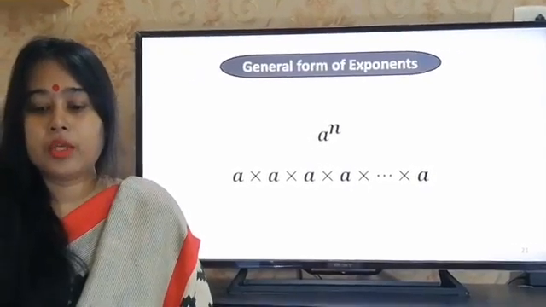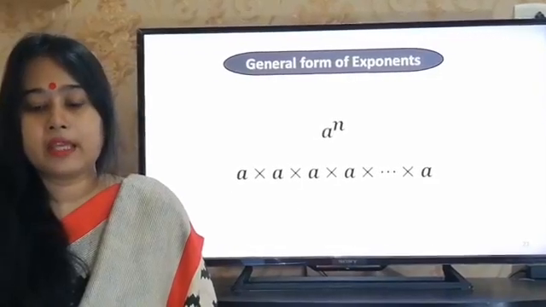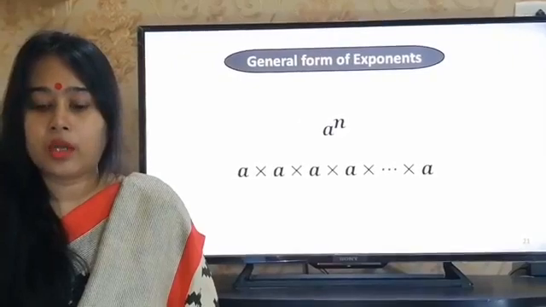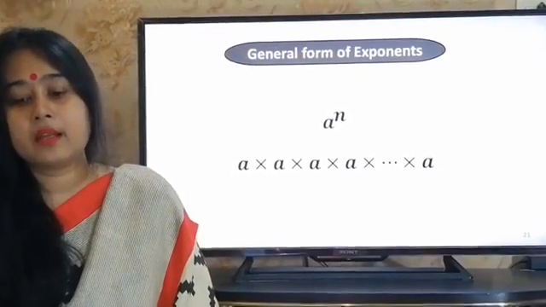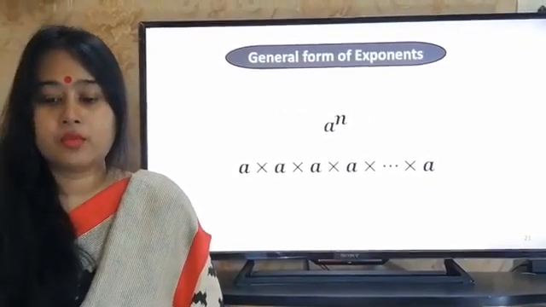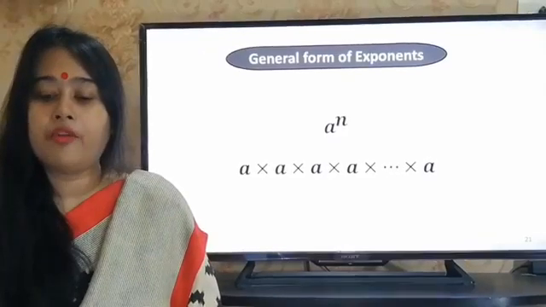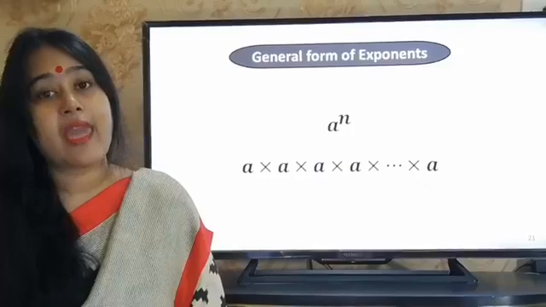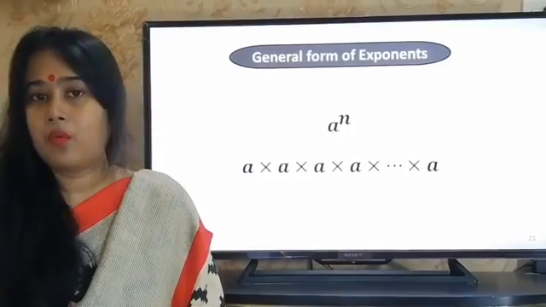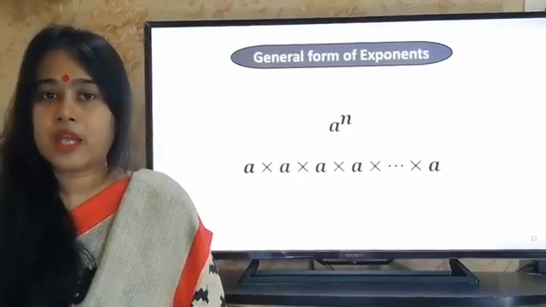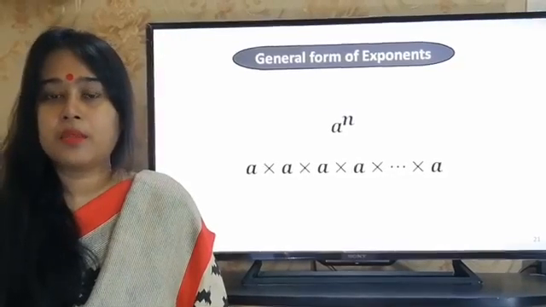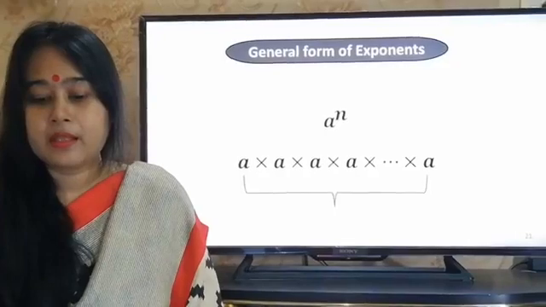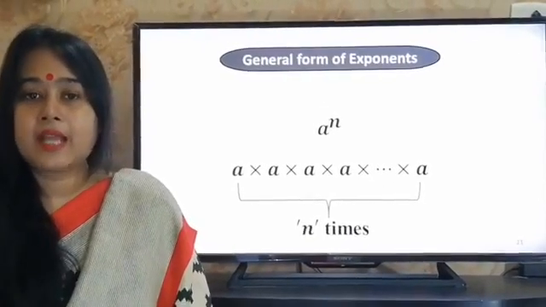We don't know what the value of n is here. It may be 1, 2, 3, 4, 5, 6, 7, 8 and so on. That's why there is a dot sign given. So a is multiplied by itself n times. It may be 1 time, maybe 2 times, maybe 3 times, maybe 1000 times, maybe 2000 times. So this n is indicating n times.